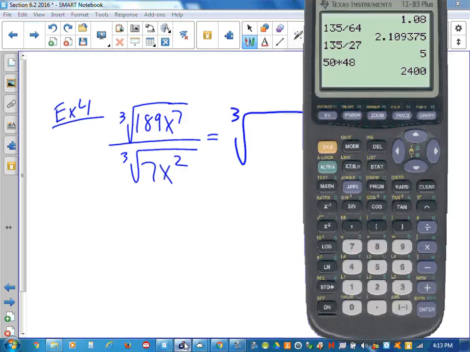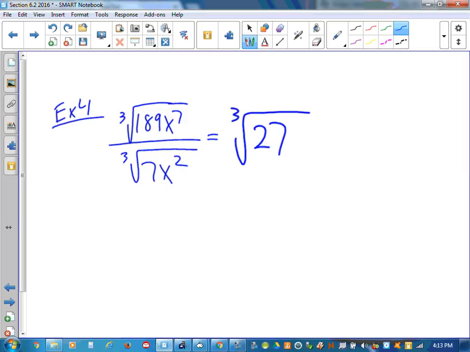So that I don't mess this up, I'm actually going to do it. 189 divided by 7 is 27. Well, that's good news. And then x to the 7th and then x to the 2nd would be x to the 5th, because when you divide like bases, you subtract exponents.